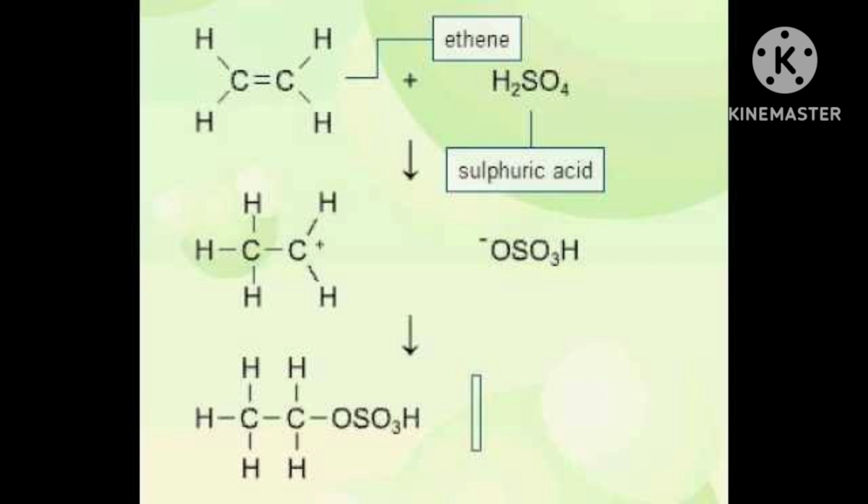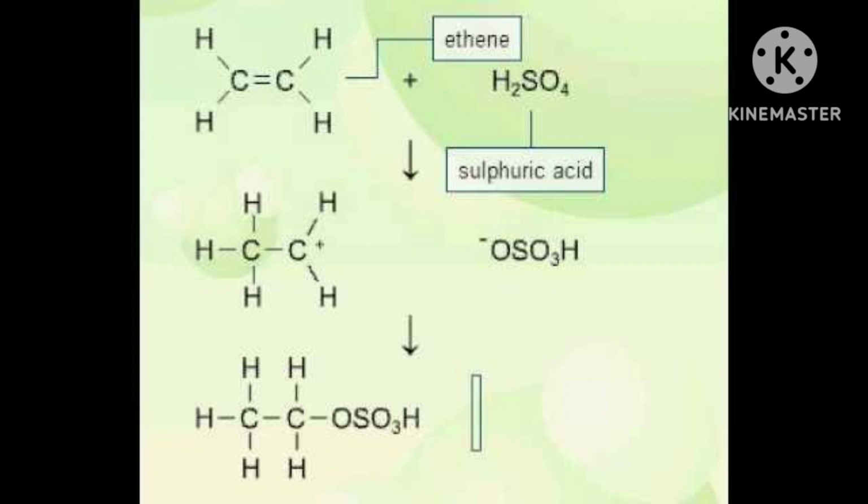This product is called ethyl hydrogen sulfate, or simply you can write C2H5HSO4. Very simply, H2SO4 was there, one H gone, then HSO4 is remaining.